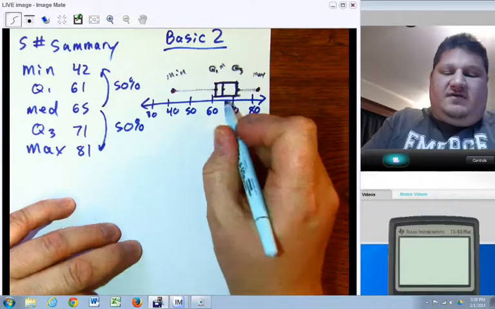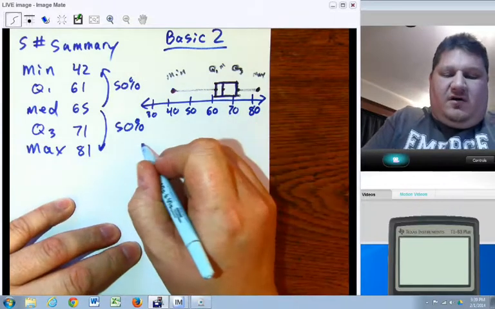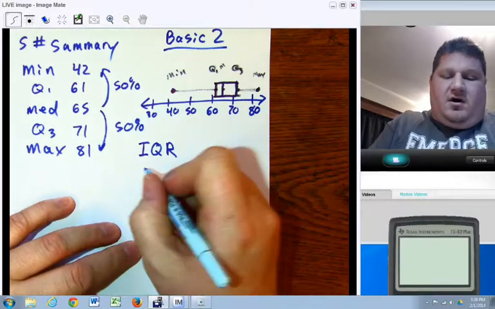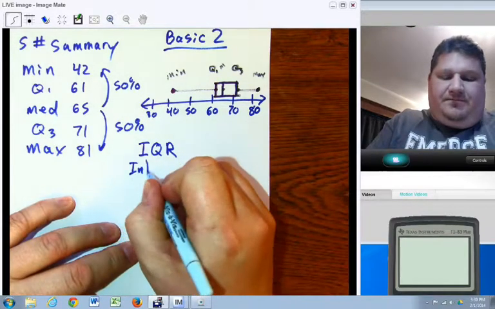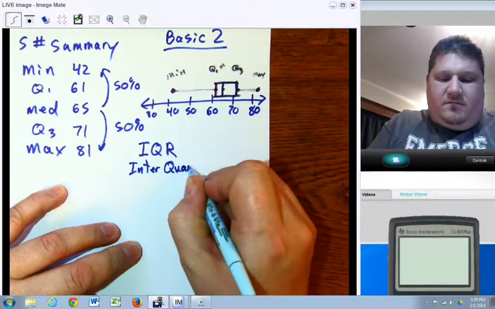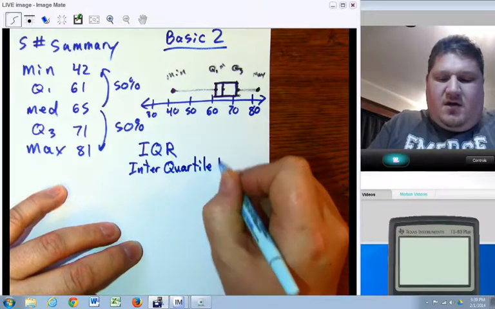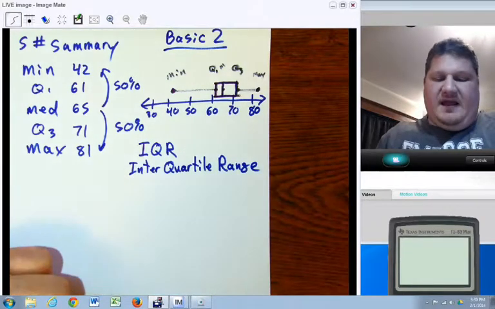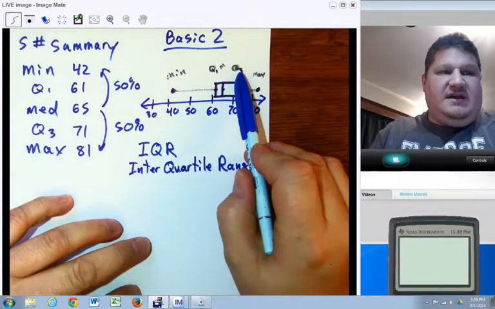Now, one of the things that we are going to talk about is called an IQR. IQR is interquartile range. An interquartile range is the range between these quartiles.